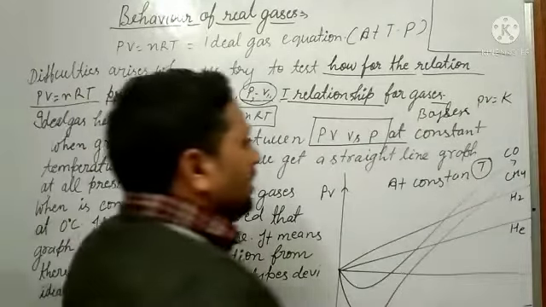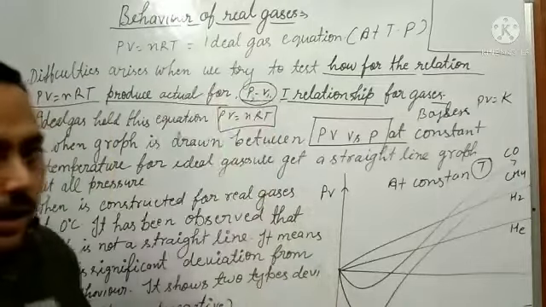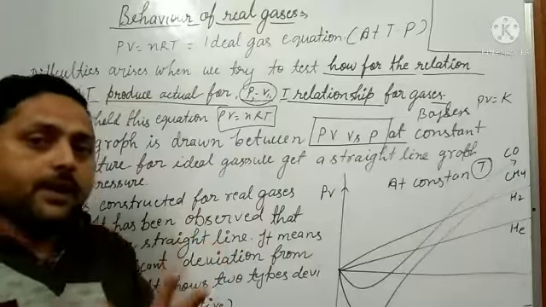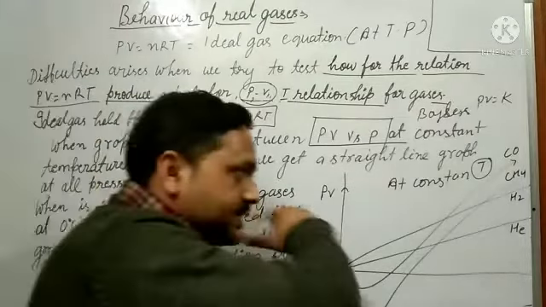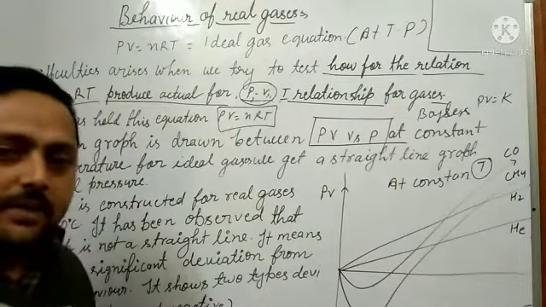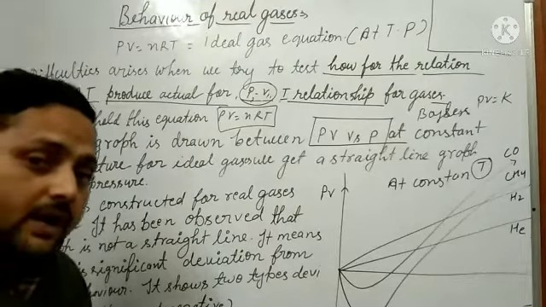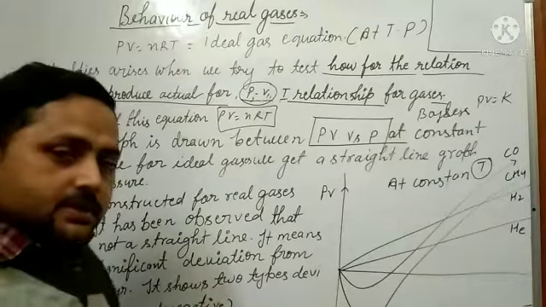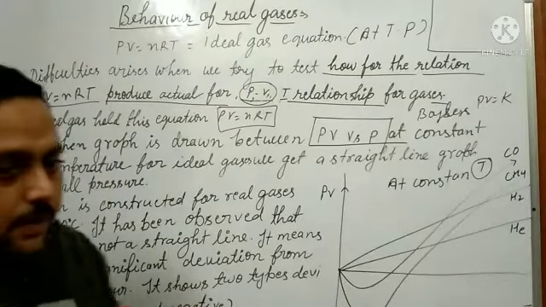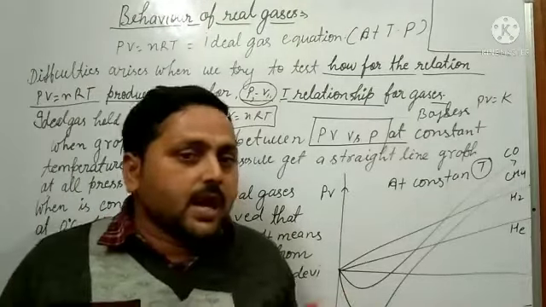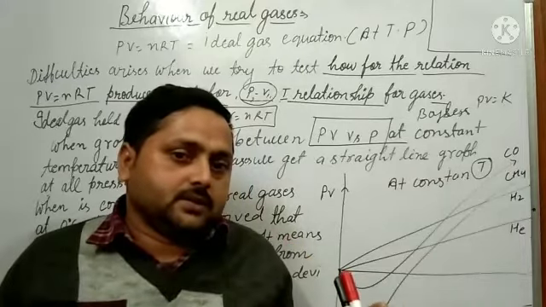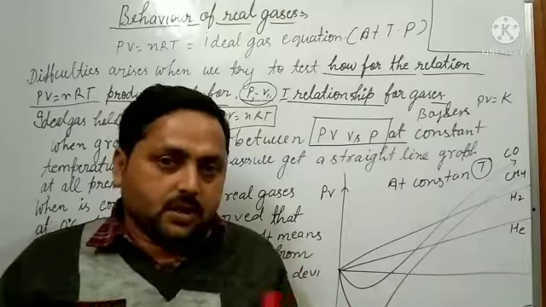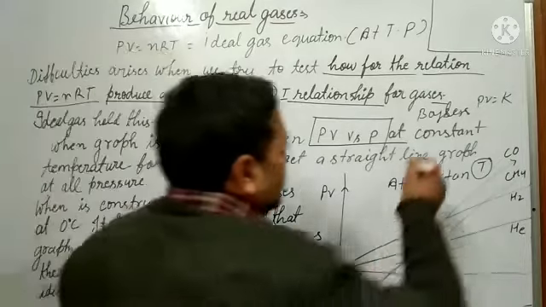It means when we draw a graph between PV versus P, there will be a straight line graph for ideal gases. So to check this, we have drawn graphs for ideal gases as well as real gases. Do real gases hold this concept, meaning PV will always be constant?